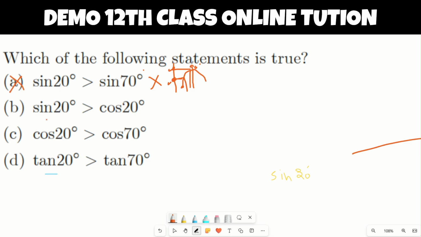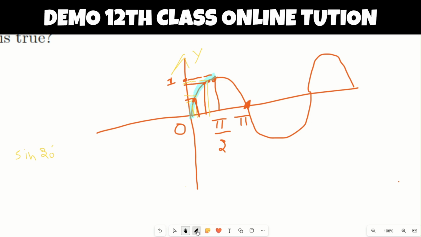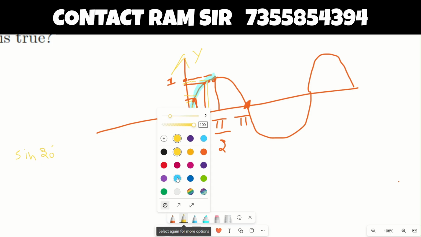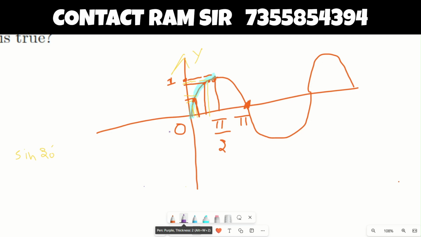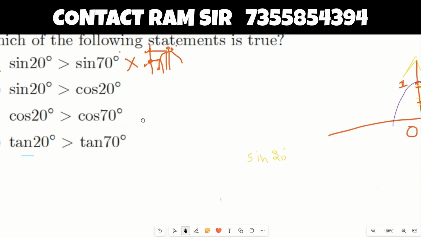Now moving towards sine 20 degree is greater than cos 20 degree. To check this fact, firstly make a graph of cos. So I make a graph of cos with the help of some other color, suppose this one. So the graph of cos looks like this. See, and I want to know if sine 20 degree is greater than cos 20 degree.